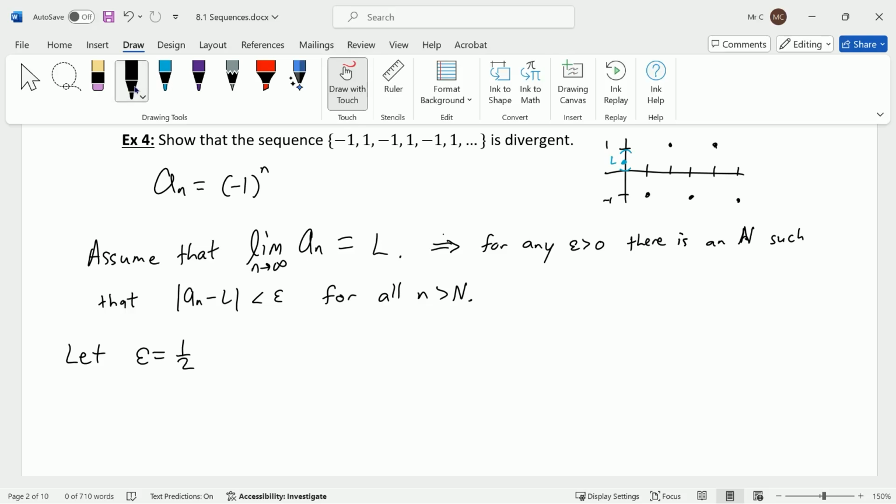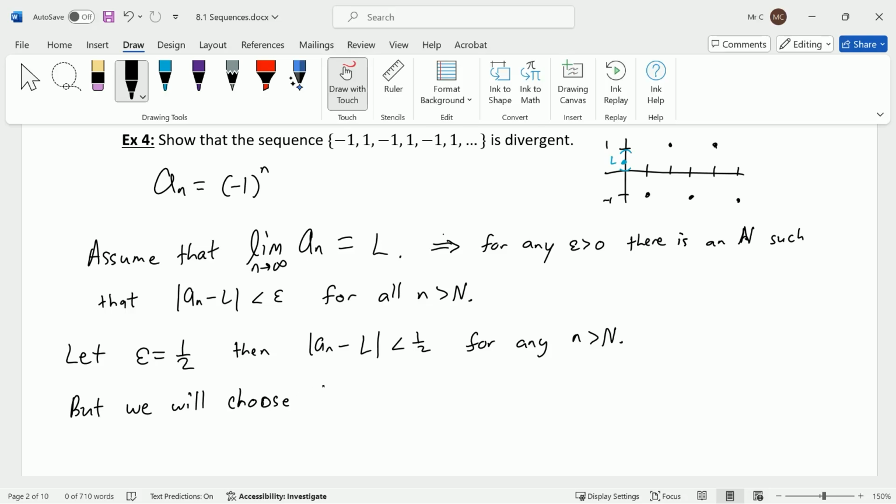Okay, so if epsilon is 1/2, then a sub n minus L should be less than 1/2, and I should say for any n greater than N. But we will choose some specific points to plug into the sequence.